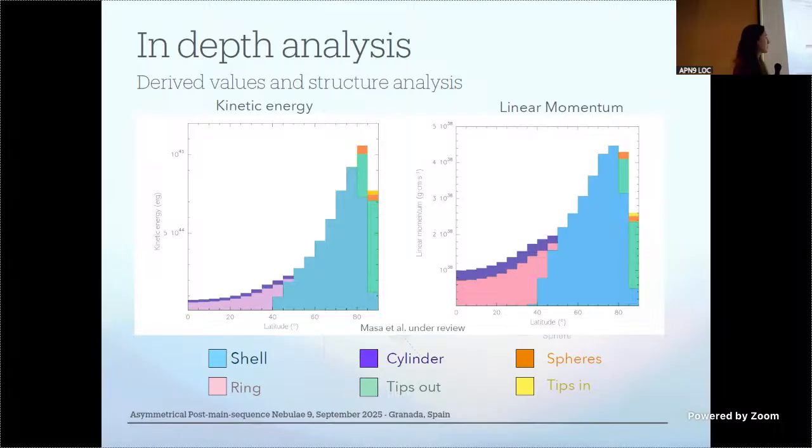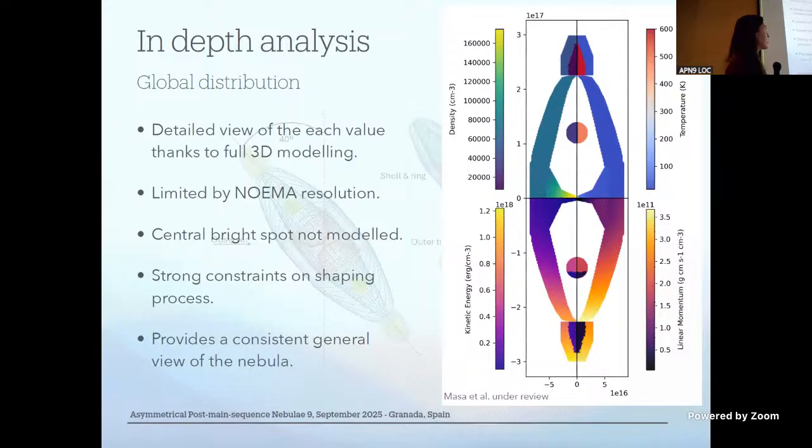which I think helps a lot in defining the models that give the results for this kind of nebula. And we can map the final values of the physical properties of the nebulae.